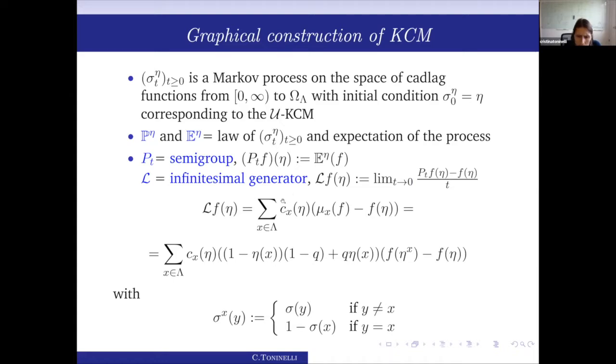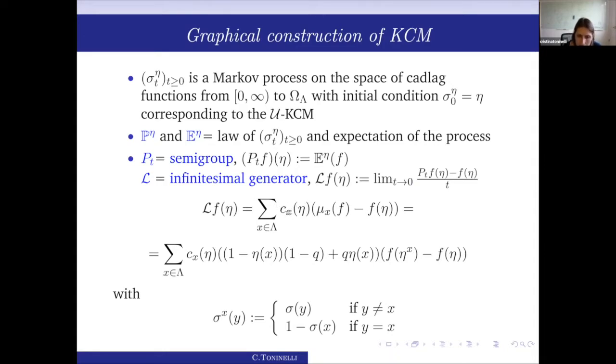So first of all, this Cx, which is in front here, is either 1 or 0. Cx equal to 0 corresponds to the case in which the constraint is not satisfied.